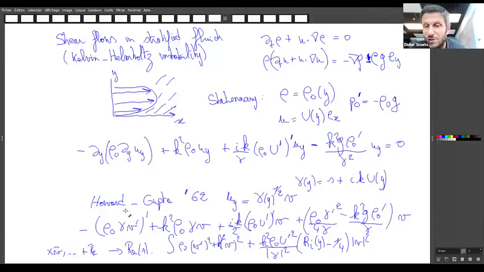It has the form like a minus second derivative plus a potential times V. The problem is that the potential is complex, and that's what makes things difficult. Otherwise, it would be almost trivial. But when the spectral parameter S goes to 0, this gamma becomes purely imaginary, and the whole thing becomes real.